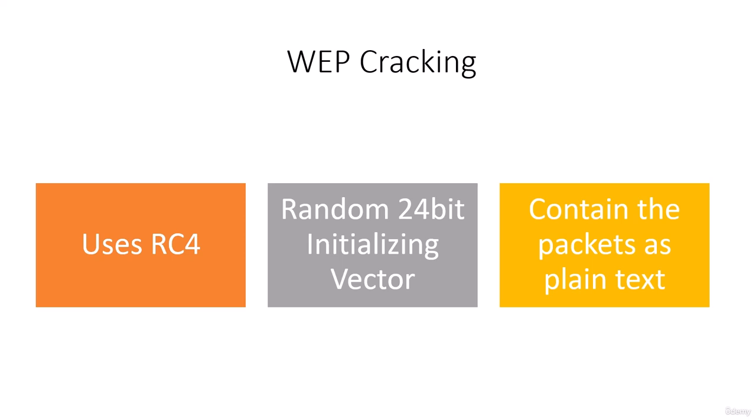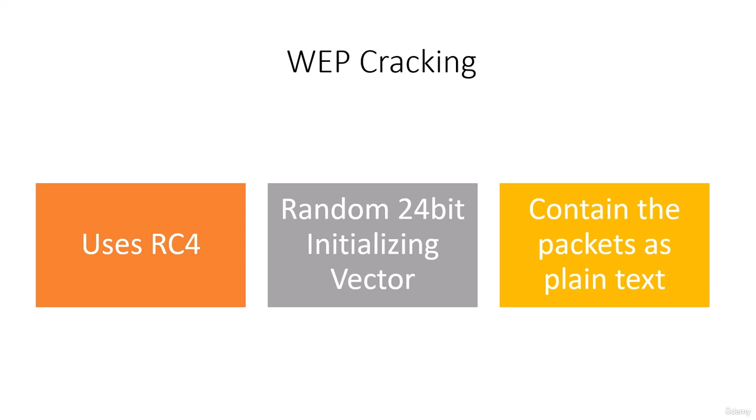Once we have packets with the same initialization vector, we use a statistical attack to determine the key stream, and after that the WEP key. So from the above we know that the more IVs, or initialization vectors, that we collect, the more likely we are to successfully crack the WEP key.